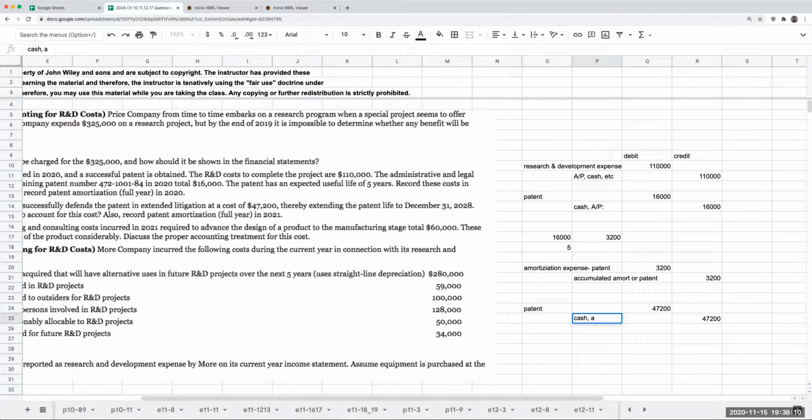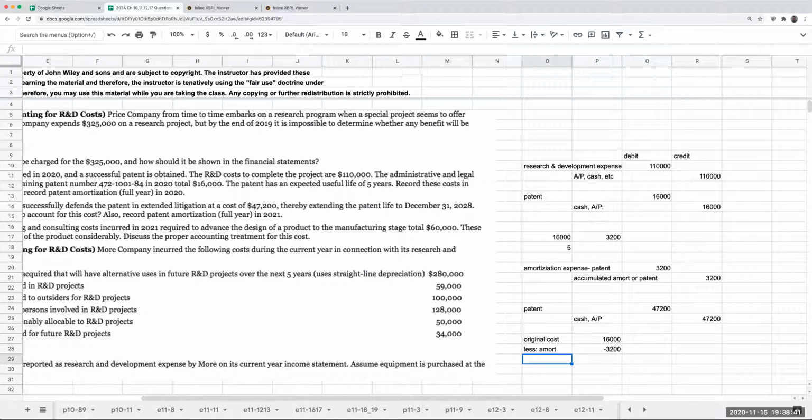Now, what's different about this is that, of course, I'd have a date and a description. So what did my patent look like? Well, the original cost, or what I paid in the original legal fees, was 16 grand. I took amortization in 2020 of 3,200.